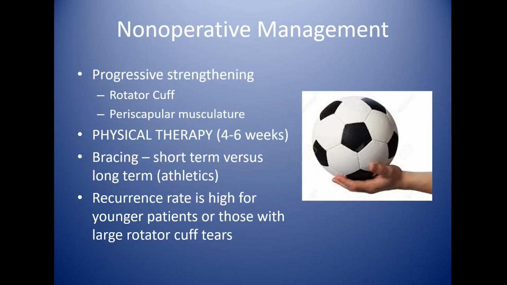Now, how do we move past that? Well, we've got to start working on strengthening those muscles. They've been stretched. So we mentioned the rotator cuff. That's very important. The second thing is actually strengthening the muscles around the shoulder blade. Something I didn't necessarily touch on earlier is that the socket of the shoulder is actually part of your shoulder blade.